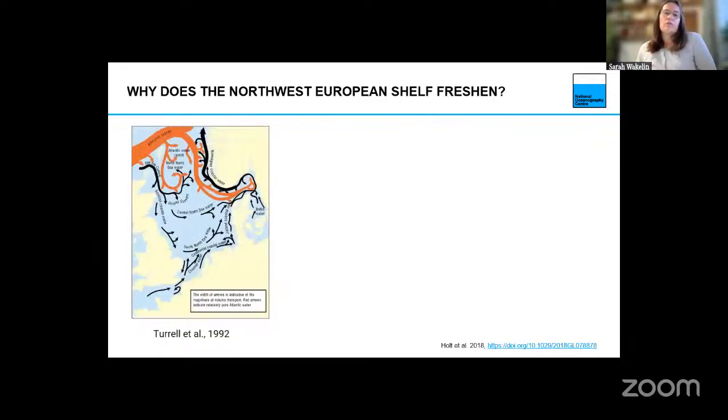So why does the Northwest European shelf sea freshen? This is a schematic of what's accepted to be the flow around the North Sea. You see an inflow of salty water coming in from the Northern Atlantic onto the shelf into the North Sea, mixing with river water and with Baltic inflow that's being released onto the shelf.